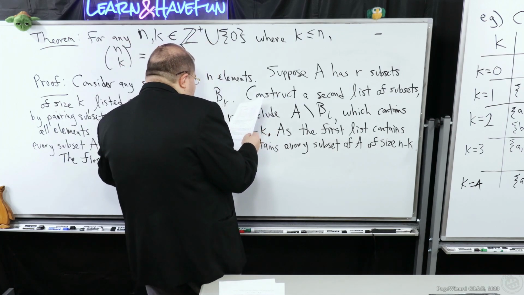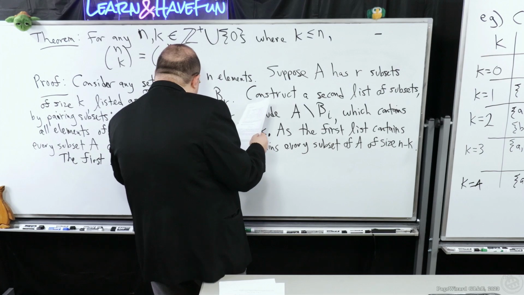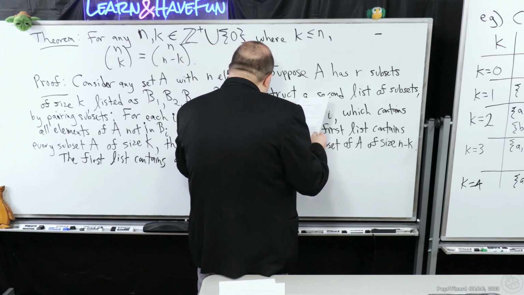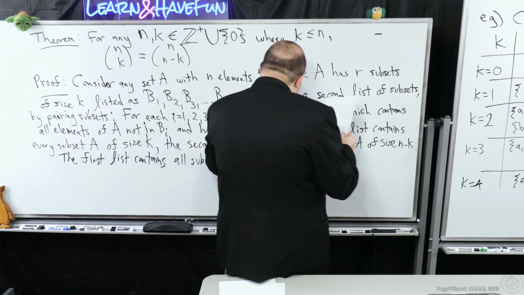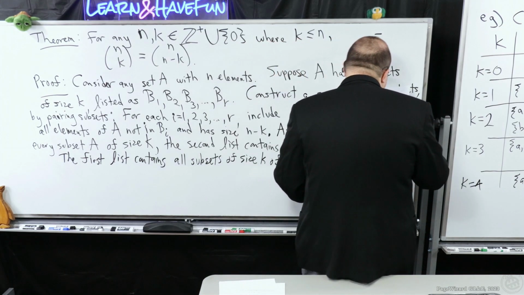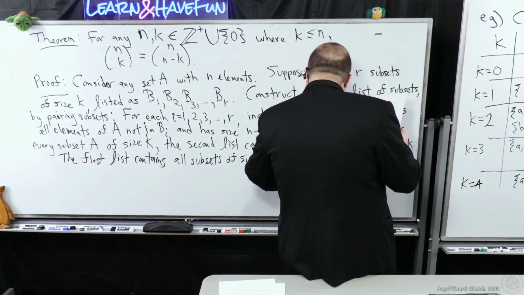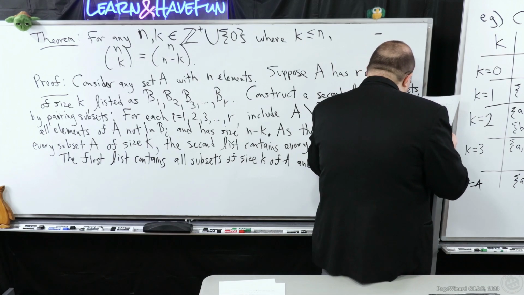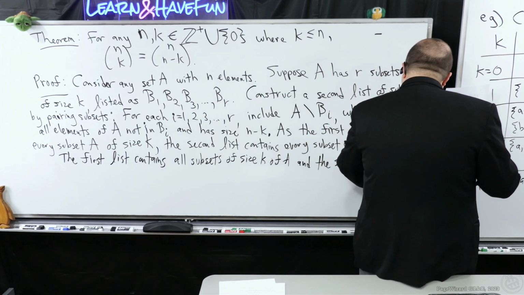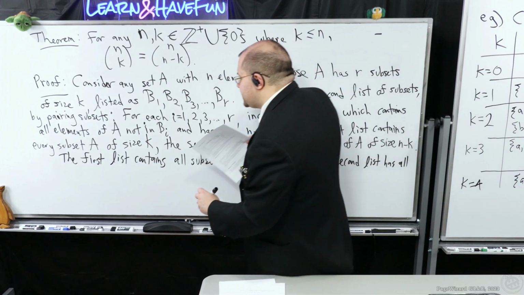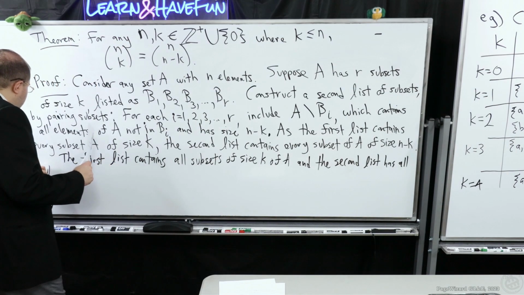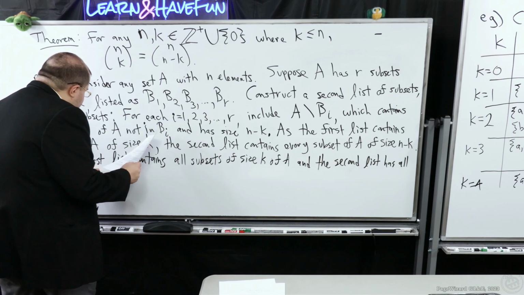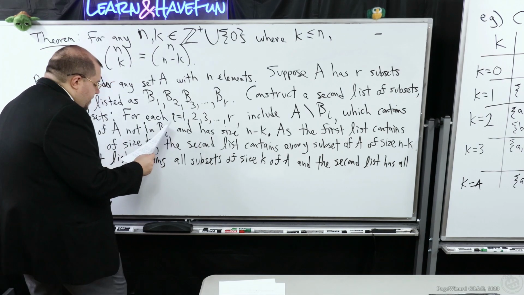The first list contains all subsets of size k of A, and the second list has all subsets of size n minus k.